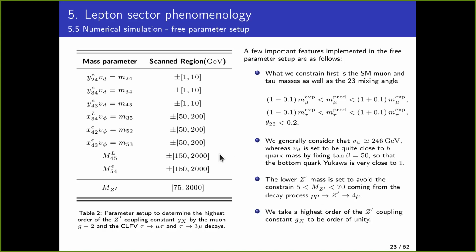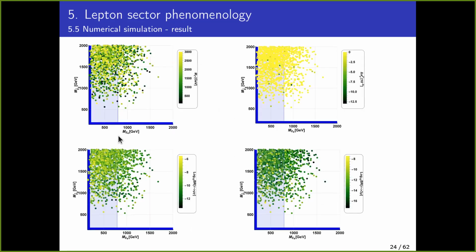So this is our first numerical scan result. If you take a look at this x-axis, this is the doublet vector-like charged lepton mass, whereas the y-axis tells the singlet vector-like charged lepton mass. This darker blue region means the doublet and singlet charged vector-like lepton masses are excluded by 200 GeV from a reference, and this softer blue region means it is excluded by the 790 GeV CMS experimental result.